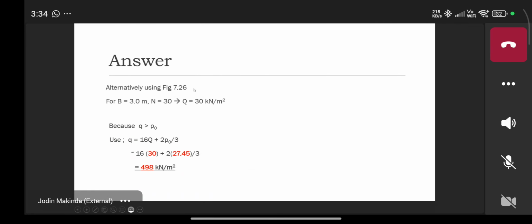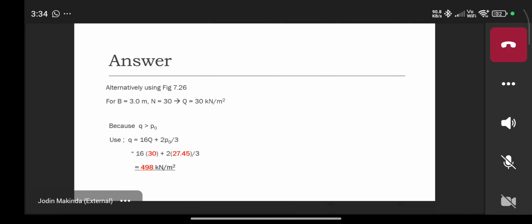If we use the same question, we can see that the value of the Q is 30. Therefore, the allowable design is 498.